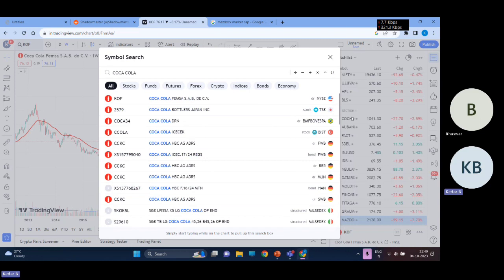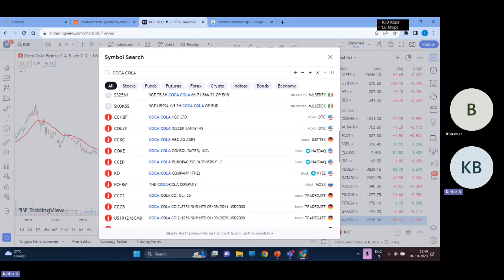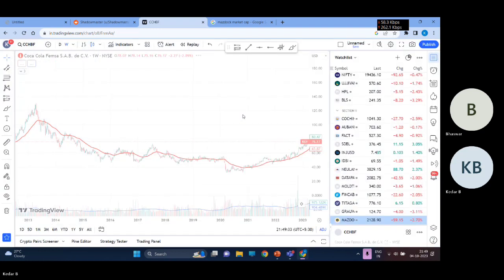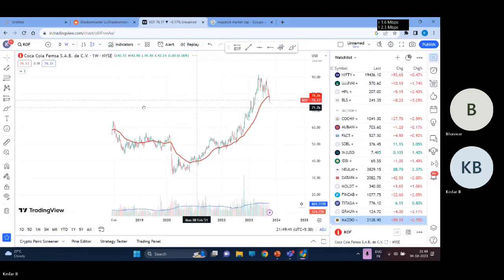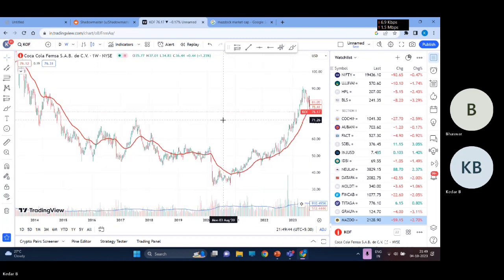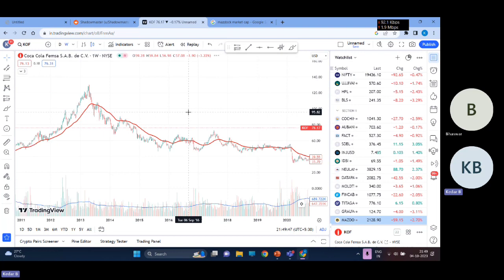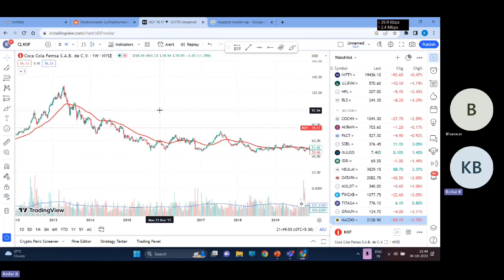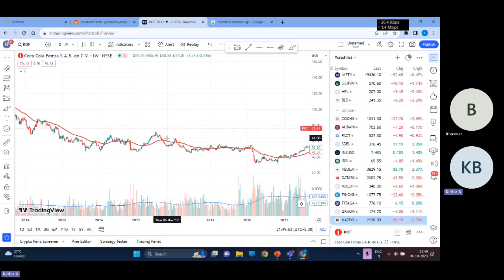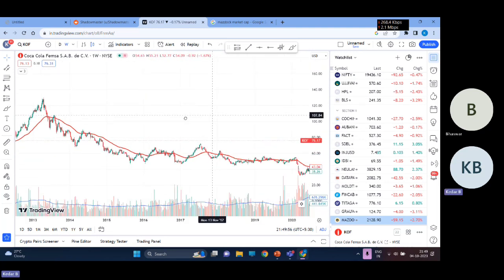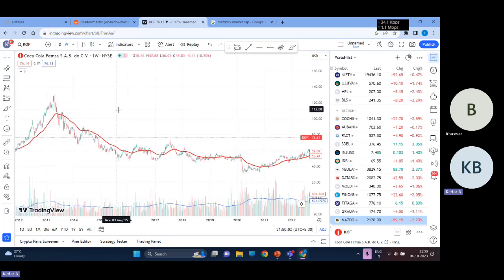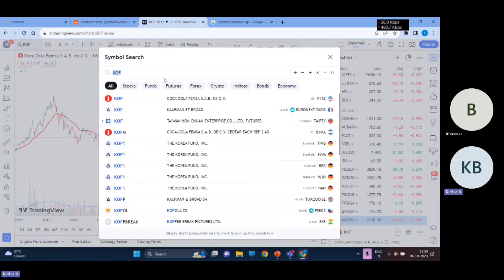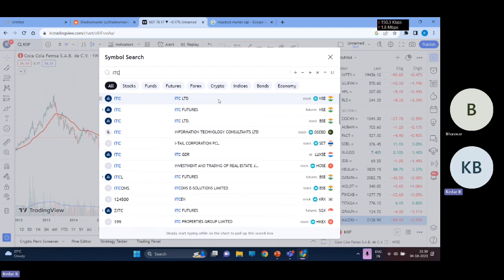Just a sec, there are too many foreign indexes, so I'm just making sure. This one, yeah. Okay, Coca-Cola's chart, if you see this, New York Stock Exchange. Such a good company, but it's been going down ever since 2013. It's not even back to that same level, even though it's an excellent company. Excellent, I mean in terms of the company.